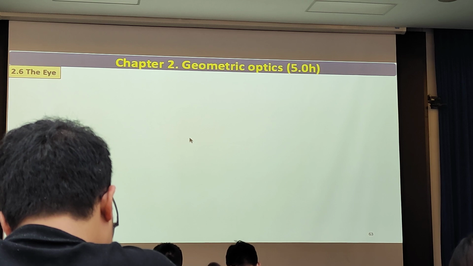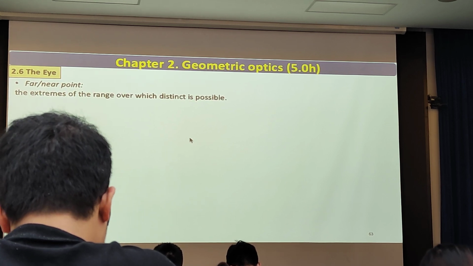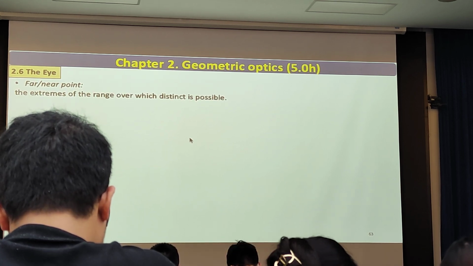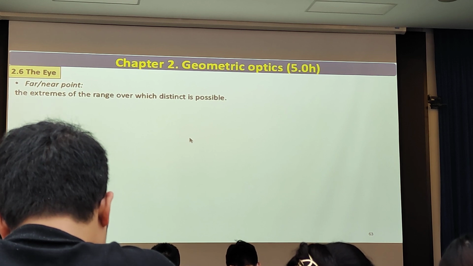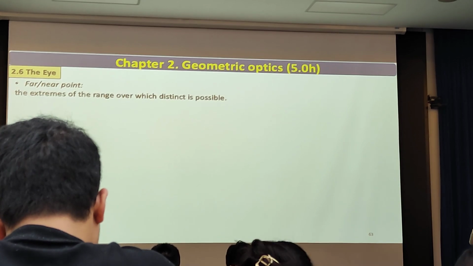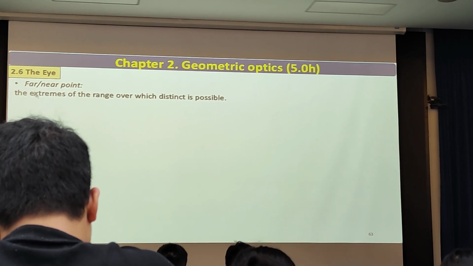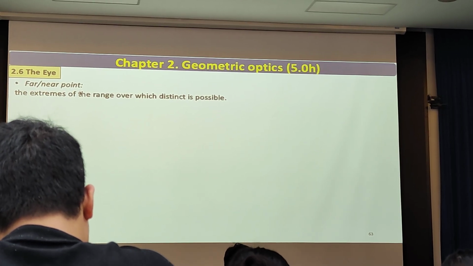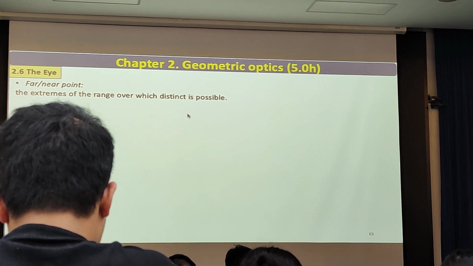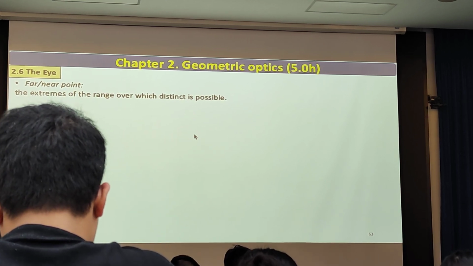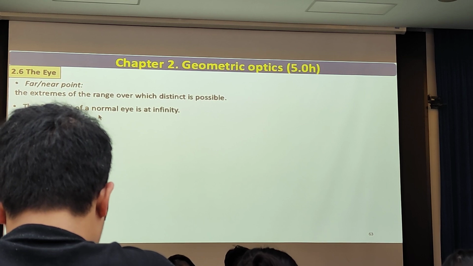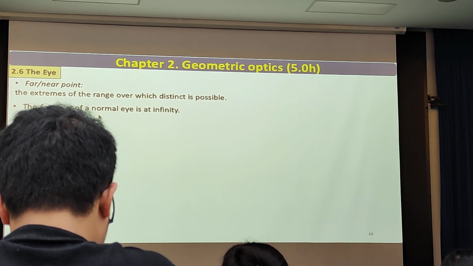You have the concept of far and near point. We cannot see everything in front of us. You have just a range over which you can see the object clearly. So we have the concept of far and near point, the extremes of the range over which clear vision is possible. For normal eyes, the far point is infinity.